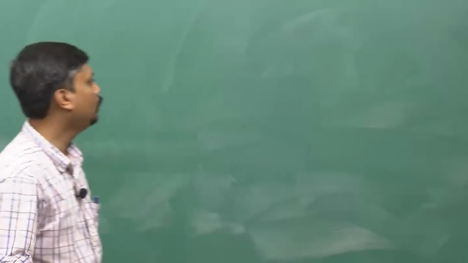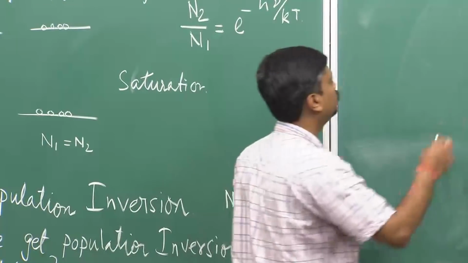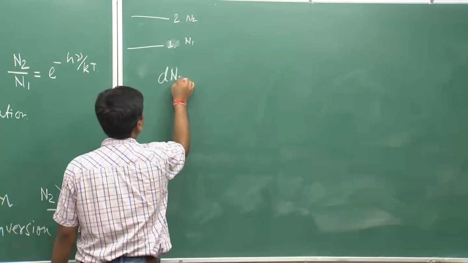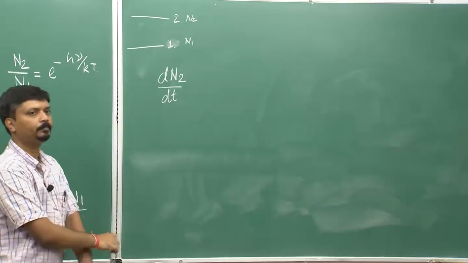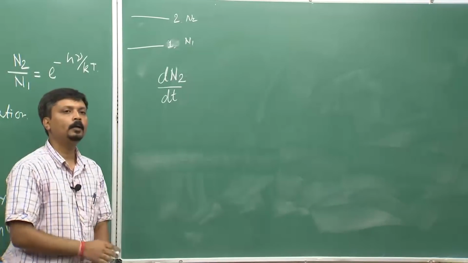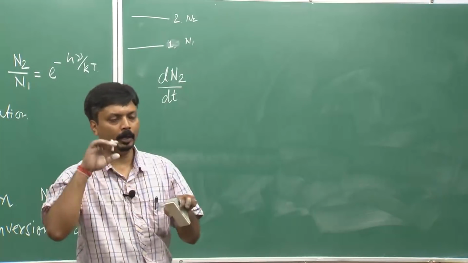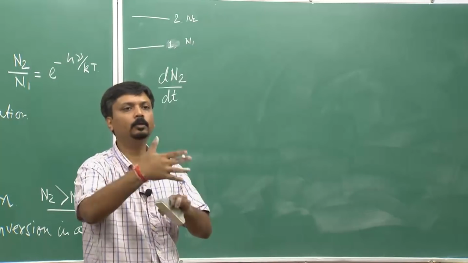From the basic knowledge of kinetics, we can easily get that. So, how do I write that? I write dN2 by dt. Now, this N2 is also time dependent. When I am shining light, as a function of time it evolves, N2 changes.